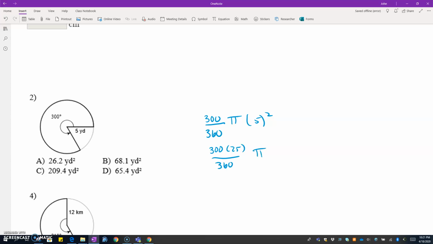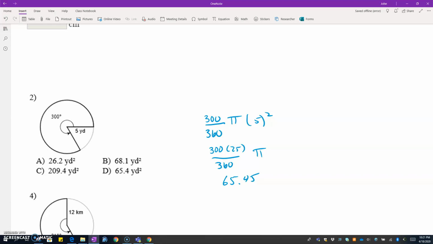At this point, we'd lean on the calculator. I've got 300 times 25, which is 7,500. Divide that by 360, and I get 20.8333. Then if I multiply that by pi, we should end up with 65.45.